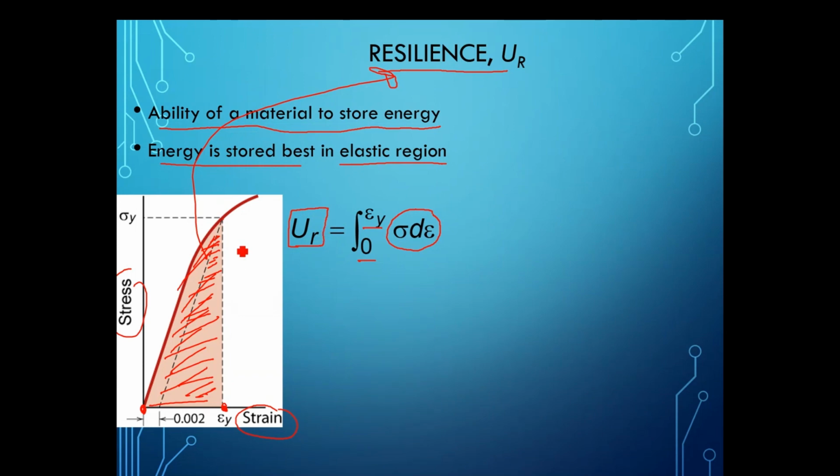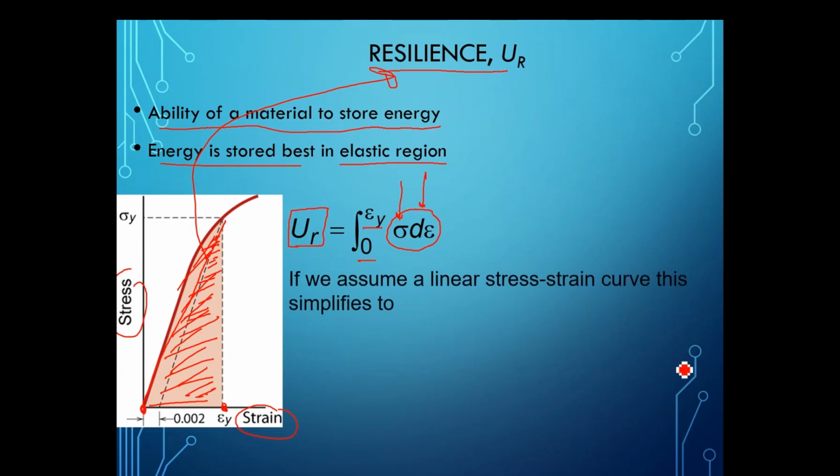Now, for this I need to have a relationship between stress and strain in order to integrate. If we have to simplify, I can assume this line to be a straight line. This is my assumption. And with this assumption, if I have a linear stress strain curve up till this point, I can simplify this with the area of a right angle triangle.